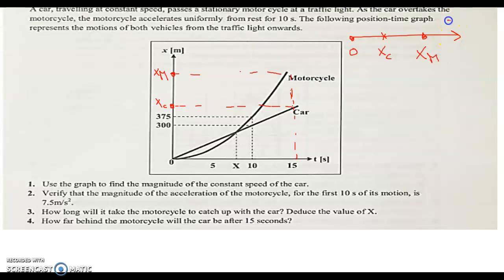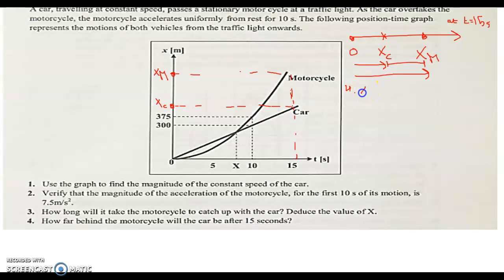This representation is for t equals 15 seconds. Okay, so now the distance between them is actually equal to xm minus xc. Fine. So we have now to make use of the time equations obtained before.